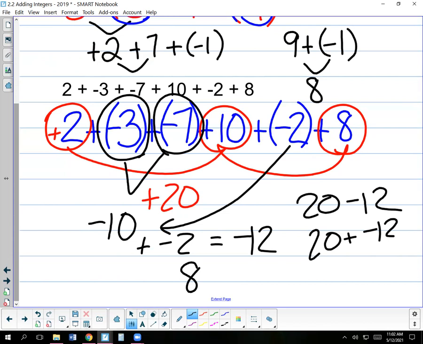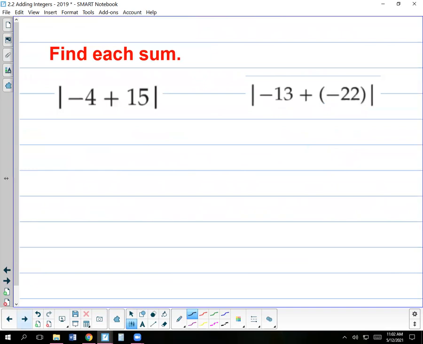Okay, now, the next type of problem is slightly different. What if I had this? So this reviews what we have. Just like parentheses, absolute value is a grouping symbol.